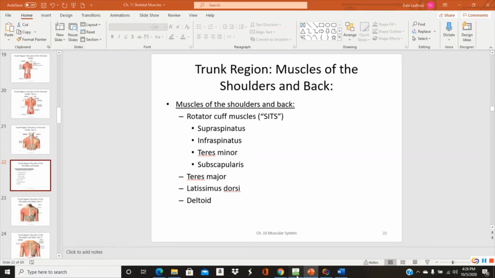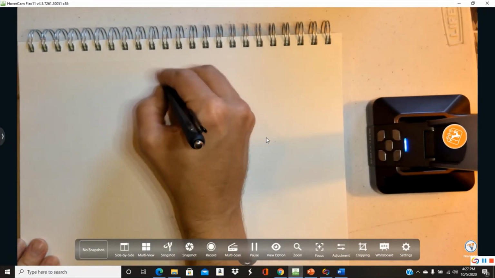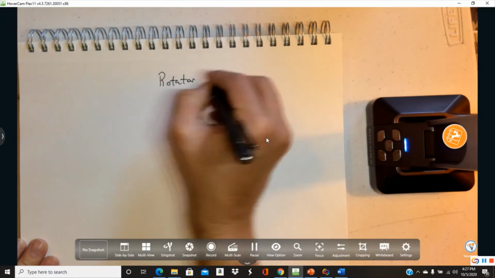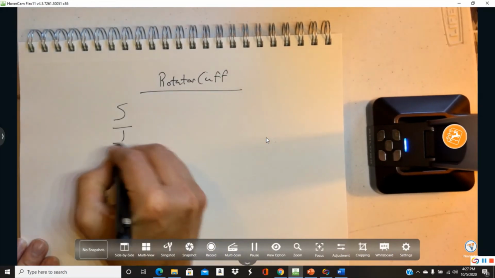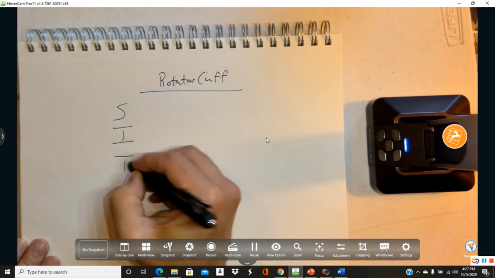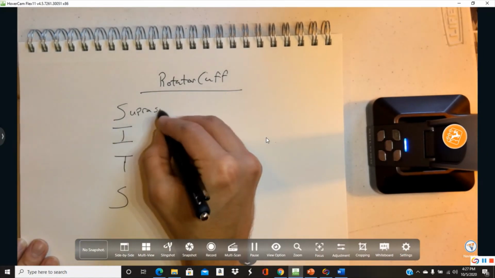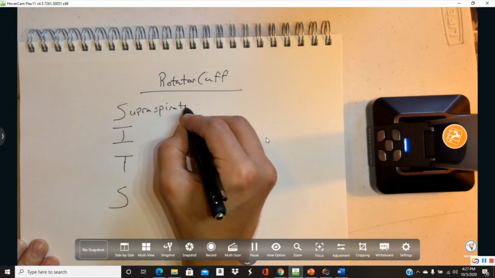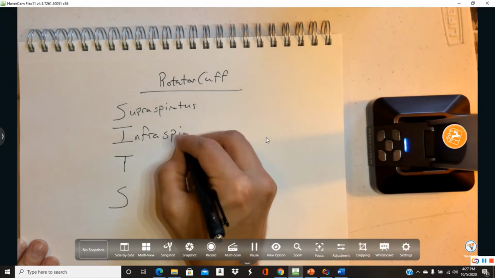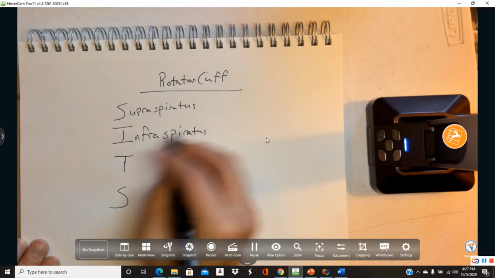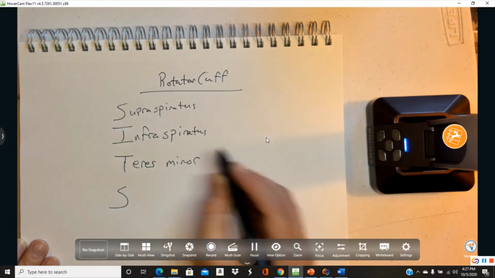And we call these the SITS muscles. Muscles of rotator cuff. The rotator cuff muscles, remember, this is SITS. Now, SITS is supraspinatus, infraspinatus, teres minor.